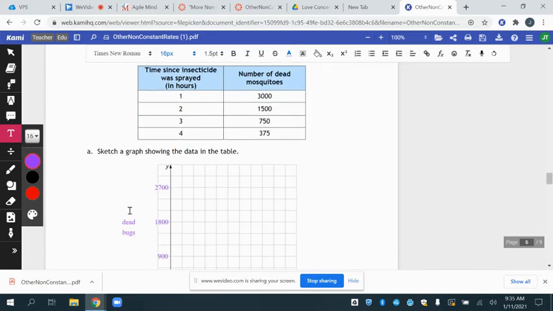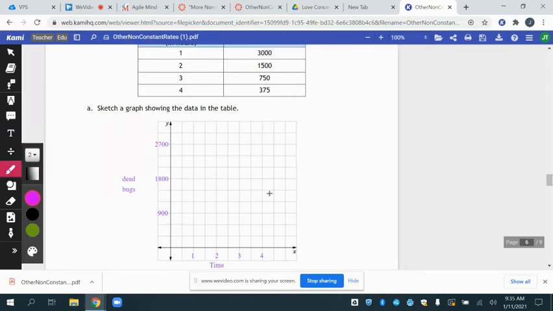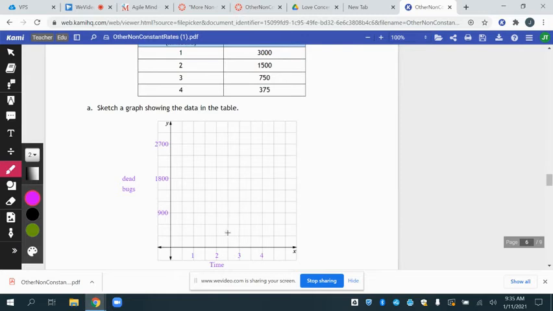Okay, there we are. Sketch the graph. Let's do that. I've already numbered it from previous time, so I'm just going to leave it numbered. Notice I counted up by 900, 1,800, 2,700. I counted up by that because I just wanted to make sure that 3,000 fit. And 3,000 is right here. And then we have to count up to 4. That's easy enough.